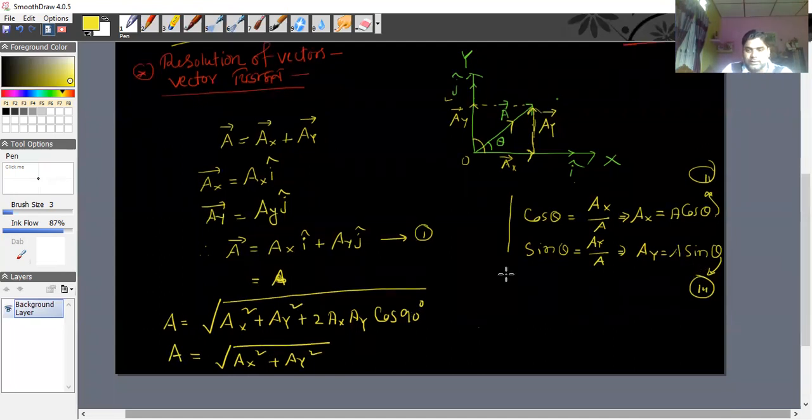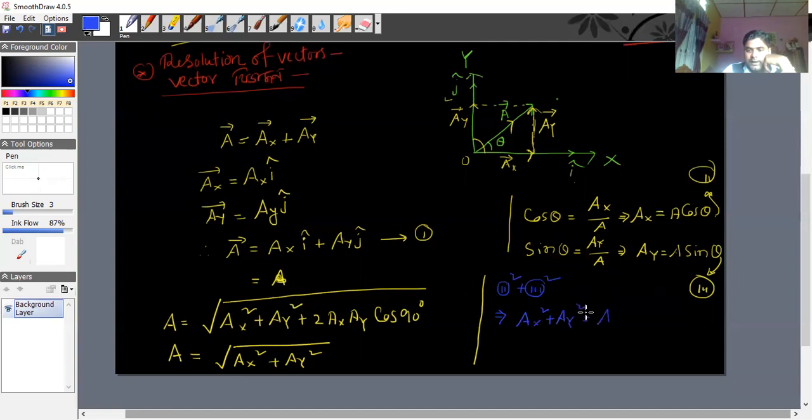We can prove it in another way. Follow equations 2 and 3. We can prove this from equations 2 and 3 as well. Squaring and adding 2 and 3, equation 2 square plus equation 3 square. Left side: AX square plus AY square.